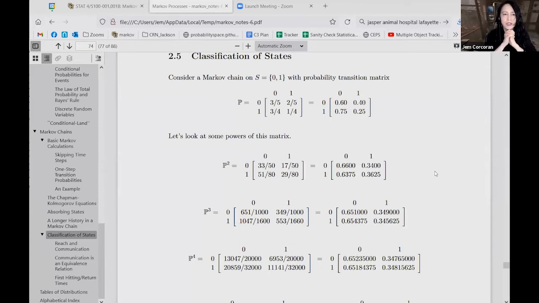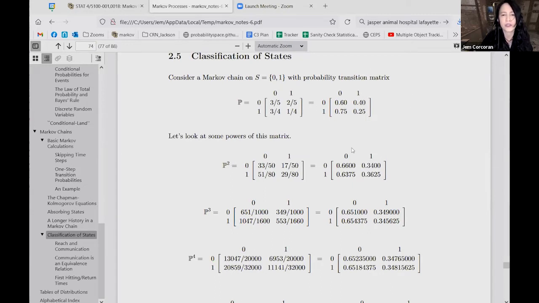So this is the beginning of section 2.5 called classification of states. This isn't nearly as interesting an example as the one I was about to show you. I don't know if you can see my mouse, I'll keep it moving to draw your eye. I have a transition matrix on 2 states, and I just decided to go with decimals.